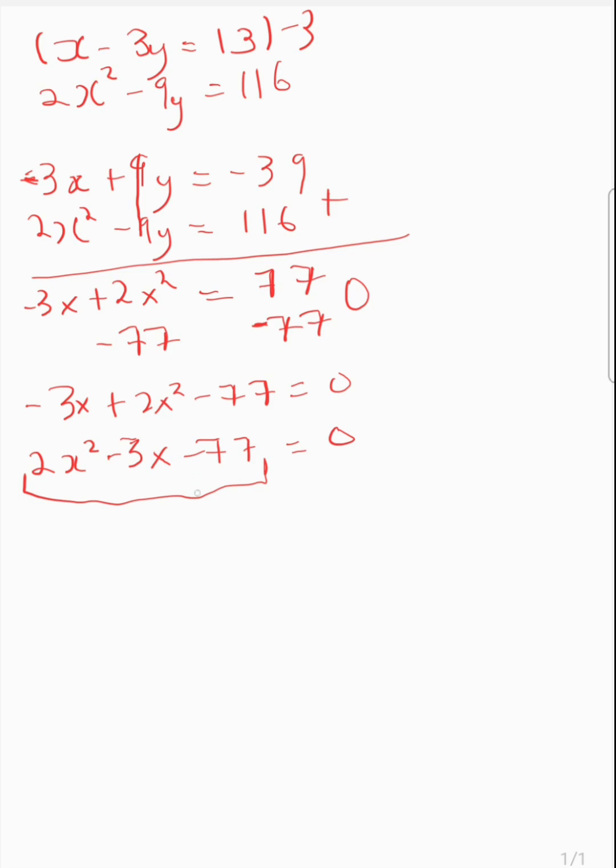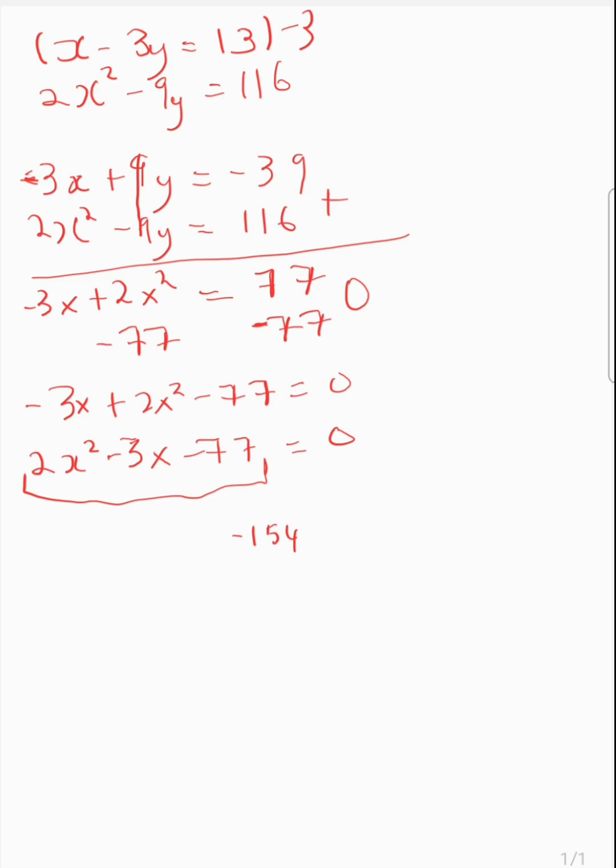To factorize this, you simply multiply 2 by minus 77, which gives us minus 154.